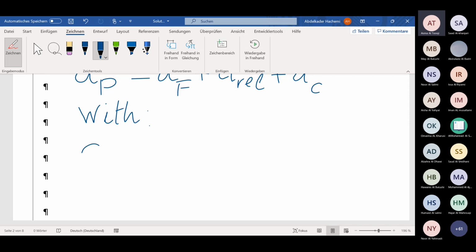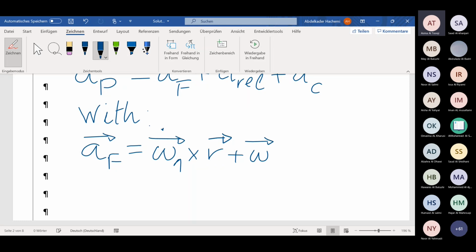We have AF, the frame one, it's equal to omega 1 dot, as omega 1 is the frame angular velocity, that means the angular velocity omega 1 dot cross r, plus omega 1 cross omega 1 cross r.